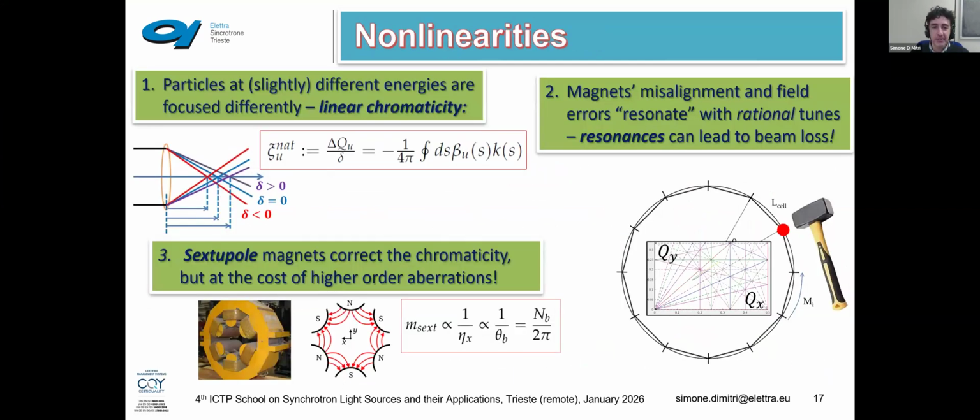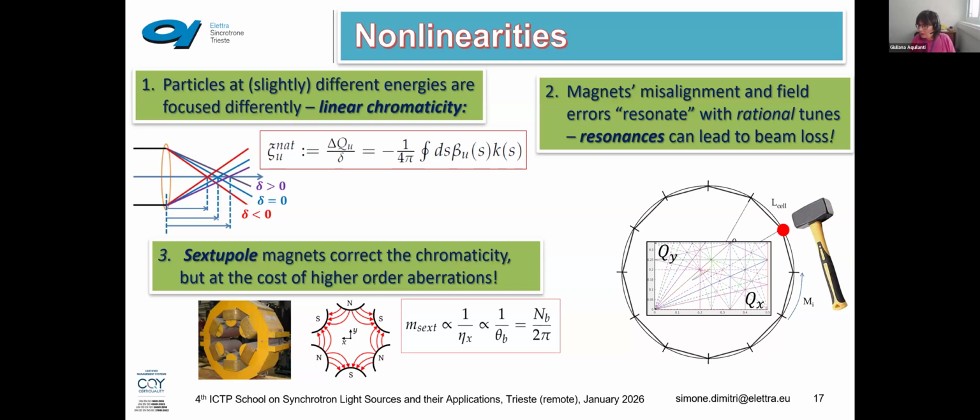Not only because it's easier to build the same kind of magnets and replicate them along the circumference, but also because the periodicity allows you to minimize the impact of perturbations or resonance lines on the transverse dynamics of the particles. Okay, I think this more or less answers.